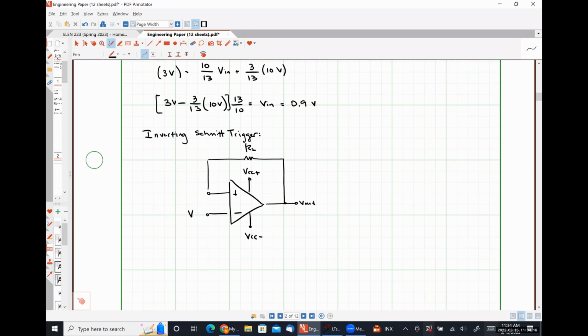We apply our input signal here, apply our reference, excuse me, that should be R1, and apply our reference signal here.